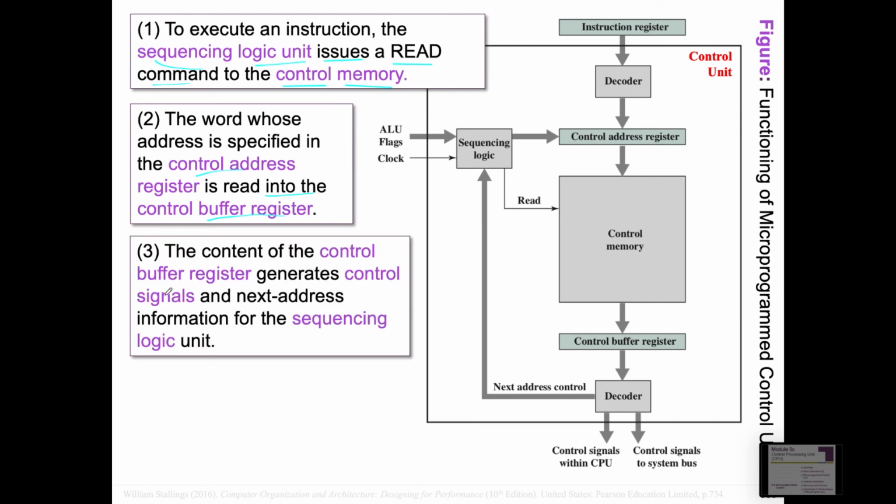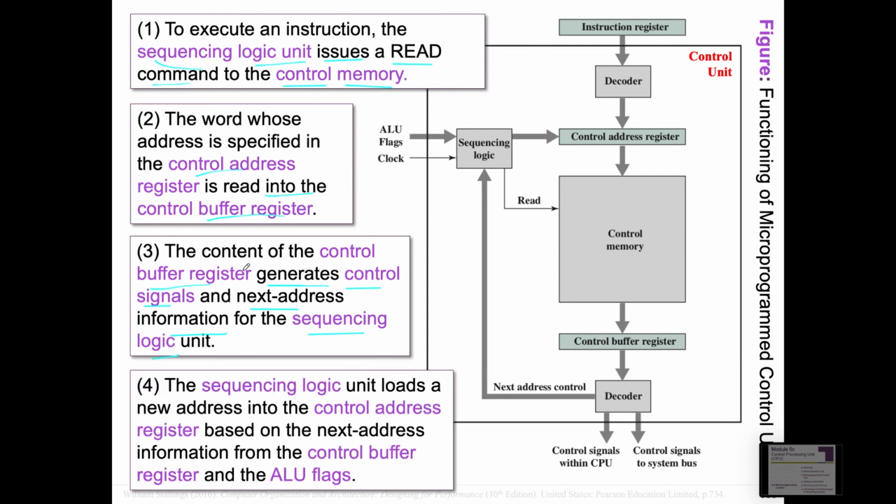The content of the control buffer register generates control signals and next address information for the sequencing logic unit. And the fourth step is that the sequencing logic unit loads a new address into the control address register based on the next address information from the control buffer register and also the ALU flag. So this is all about the flow.